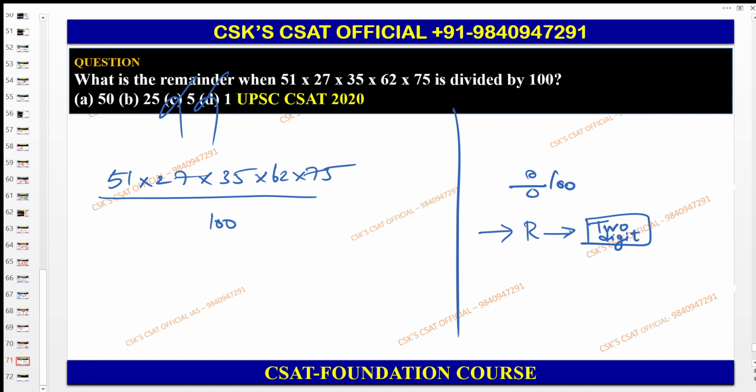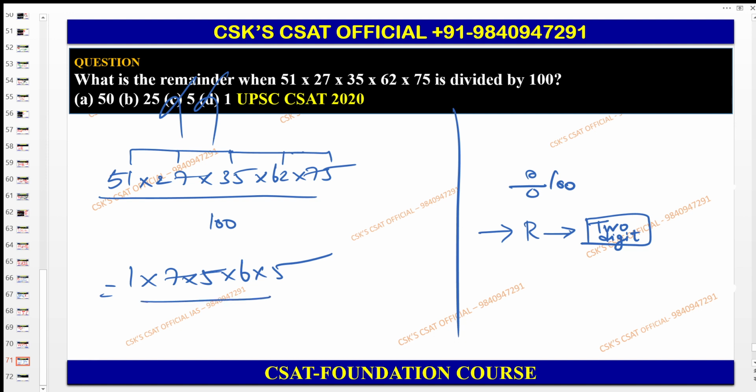Now what I'm going to do is I'm just multiplying here all the unit places, checking whether it gives you a 3-digit number or not. If it gives you a 3-digit number, then I can divide the 3-digit number with 100 simply. Now 1 into 7 into 5 into 6 into 5. Check here, 350.